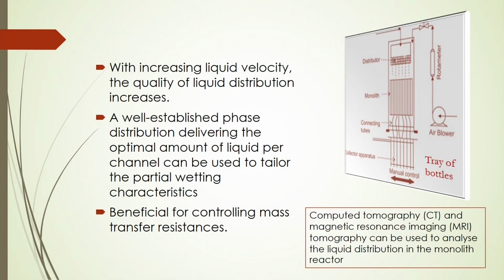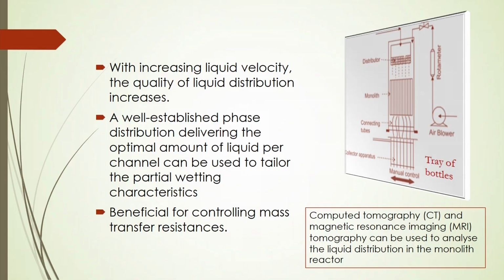This is also beneficial for controlling mass transfer resistance, because that depends on flow characteristics like flow distribution through the channel. That is why flow distribution is one of the important beneficial factors for controlling mass transfer resistances.